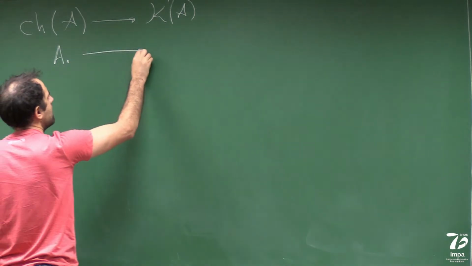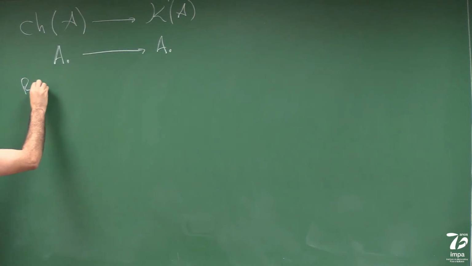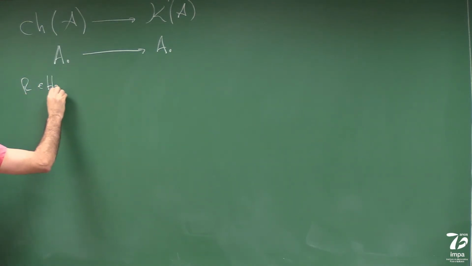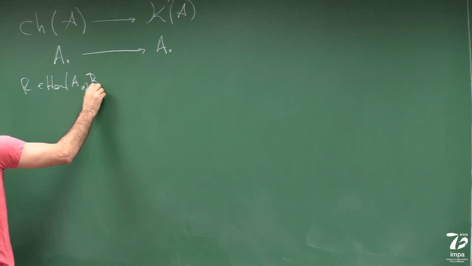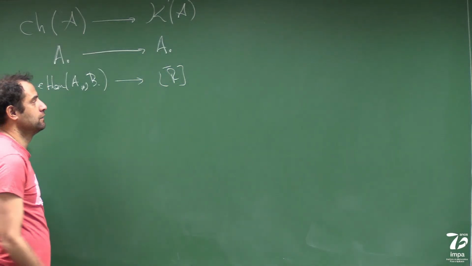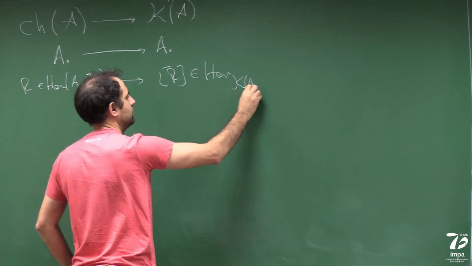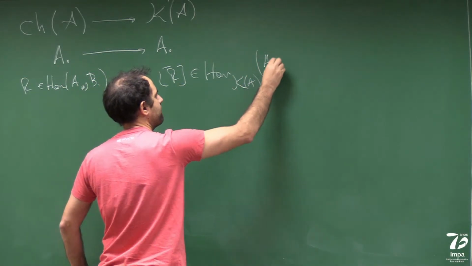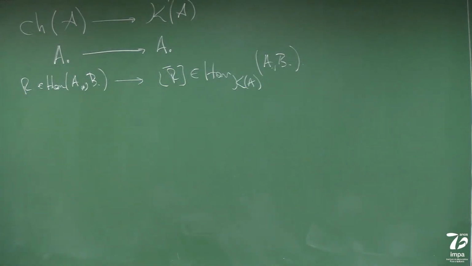If you have A, it maps to the same object. And if you have some F that is a map between A and B, then it maps to the homotopy class of F in Hom_K(A, B).